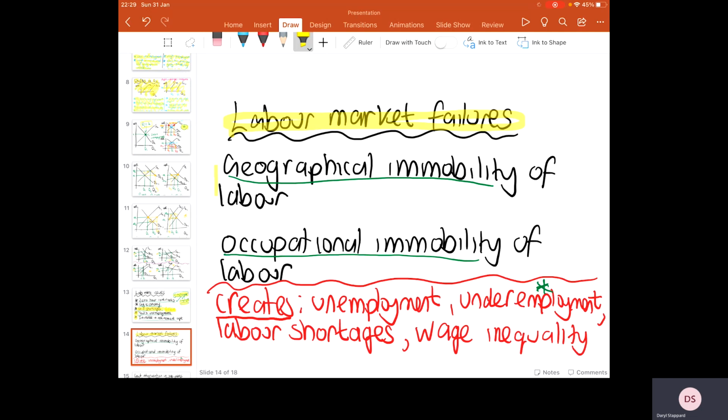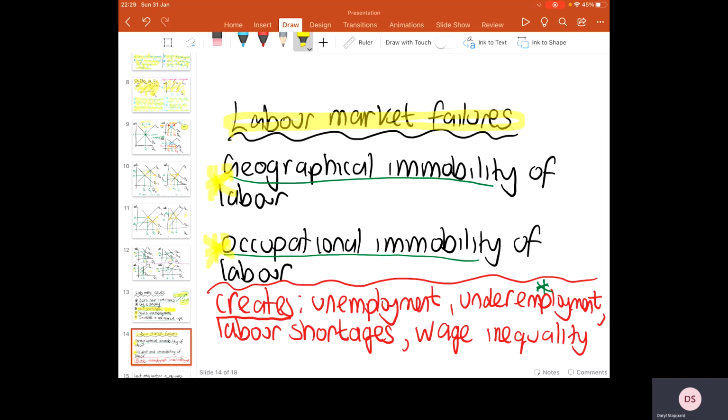Now, both geographical and occupational immobility of labour can create labour market failures. Remember, geographical immobility of labour is when people are unable to accept or supply their labour in jobs with geographical problems. Internationally, this could be a lack of visas or work permits, or the inability to relocate from one country to another.